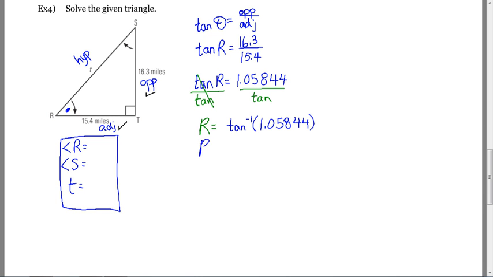Okay, R would equal 47 degrees. So I'm going to fill in my table, or little box here, which is going to be 47 degrees.